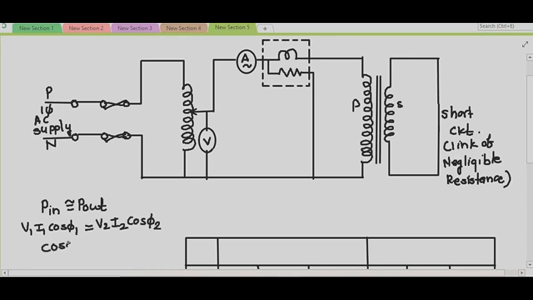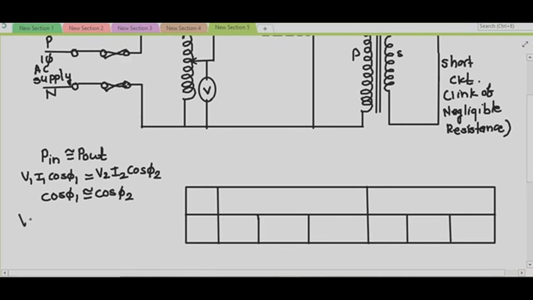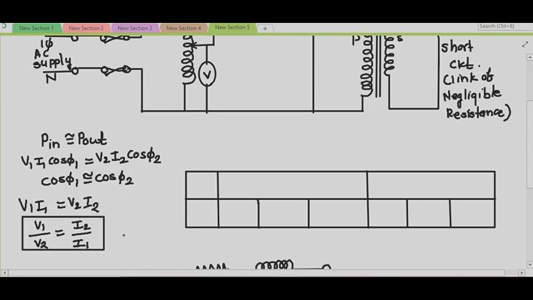Cos phi 1 and cos phi 2 both are approximately equal for the transformer. So I can write V1 I1 equals V2 I2. So V1 upon V2 equals I2 upon I1, means voltage and current are inversely proportional to each other in case of the transformer.